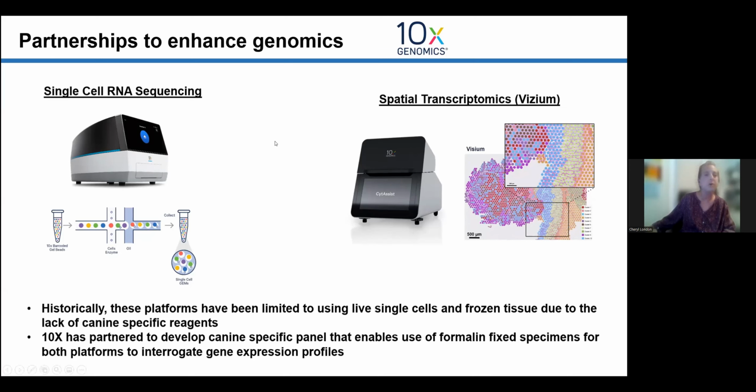We recently partnered with them to build a canine-specific panel that enables us to use formalin-fixed specimens for both platforms, which really is going to open up a huge window of opportunity for us to go back to archived samples and do single-cell nuclei sequencing from all of those paraffin-embedded specimens. So there's just a huge, rich resource of unexplored tissues that we now have available to us. So this is all in the process of being validated, and hopefully these panels will be available next year.